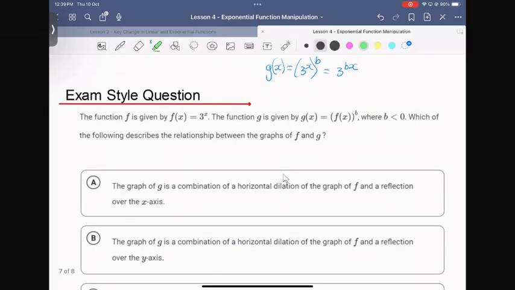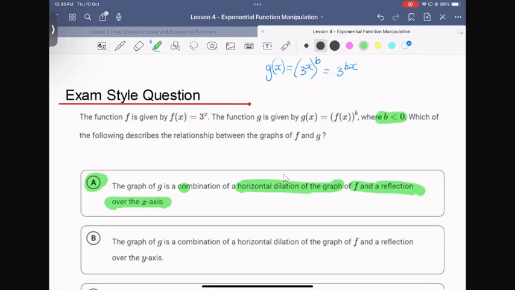Yeah, small print. Look at the small print there. It's telling you b is negative. So we have to have a reflection as well over the x-axis. You could rewrite it, and then that would be vertical, but it's not rewritten.